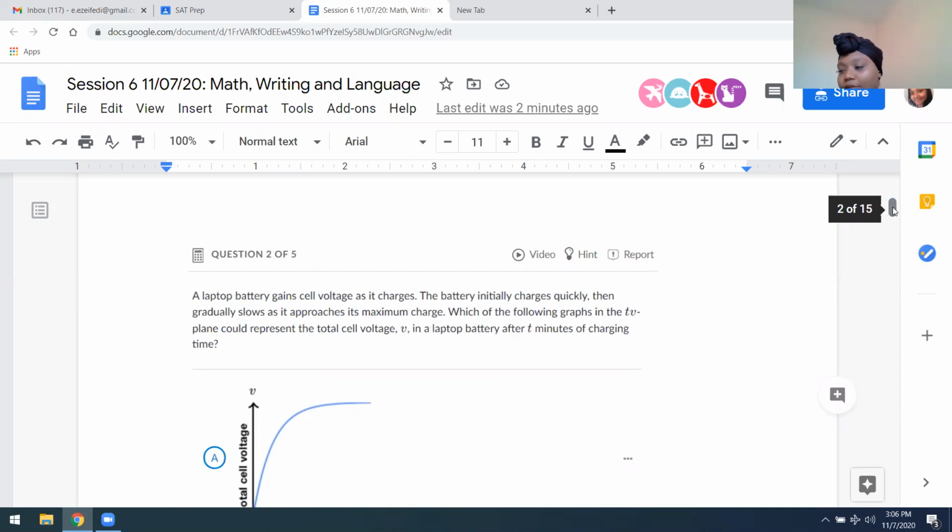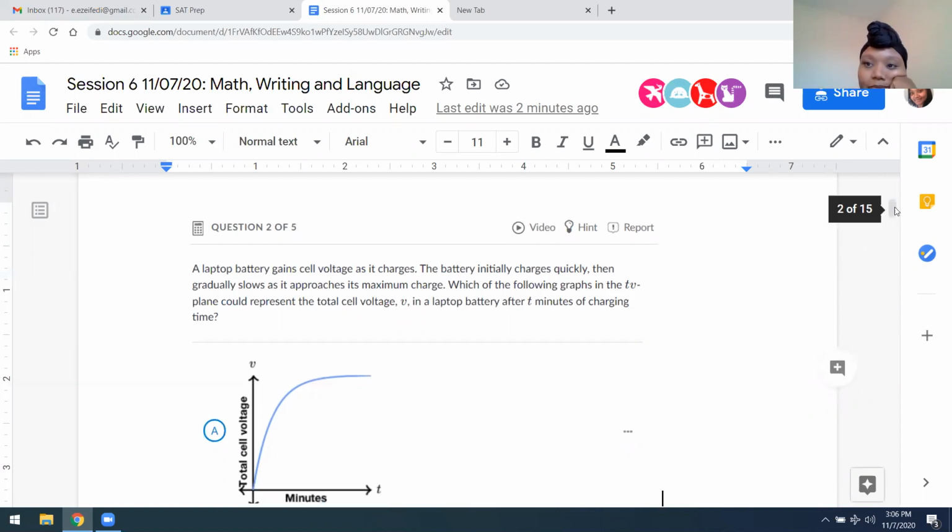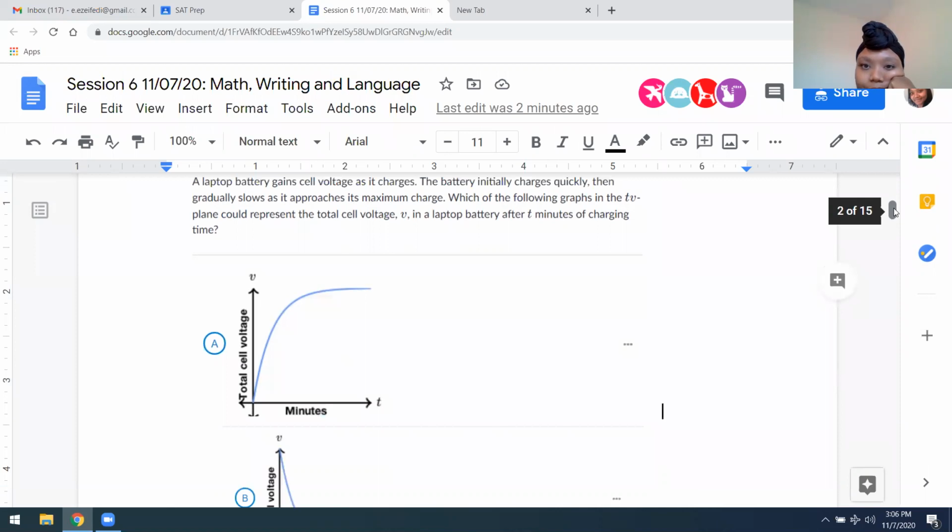The picture for the next one is too big to fit all in one page, but that's okay because you don't have to look at it the whole time. You can figure it out before you even look at the answer choices.